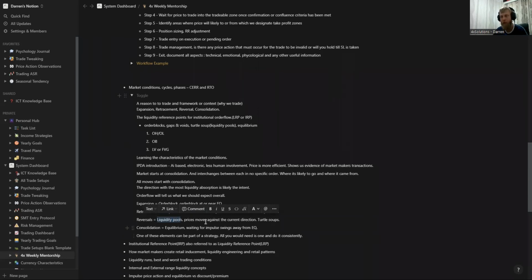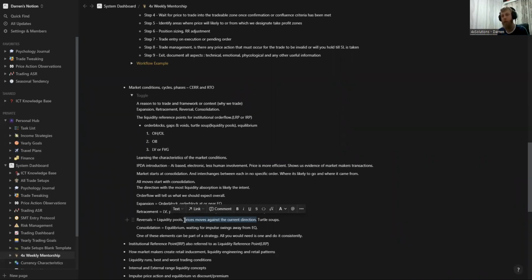Price moves against the current direction. Like I said, with your time frames, 1 hour is bearish, 15 minutes bearish, but 4-hour and daily is bullish. So it's likely that price is seeking those points of liquidity: old lows, old highs, equal lows, swing high, swing low.